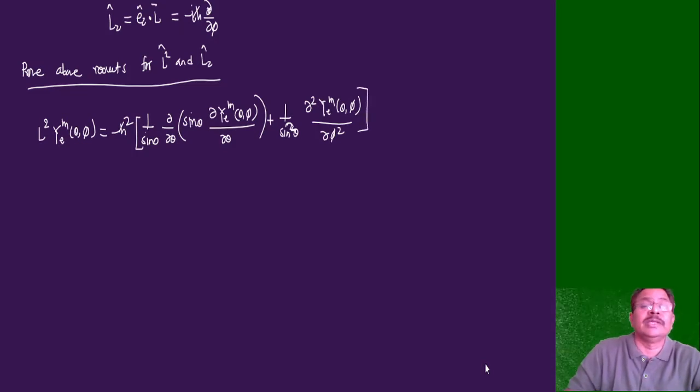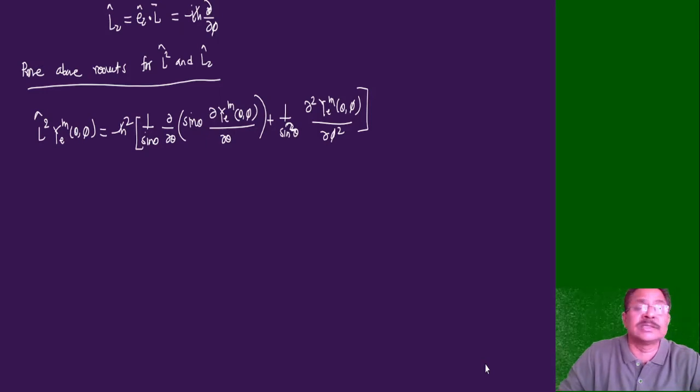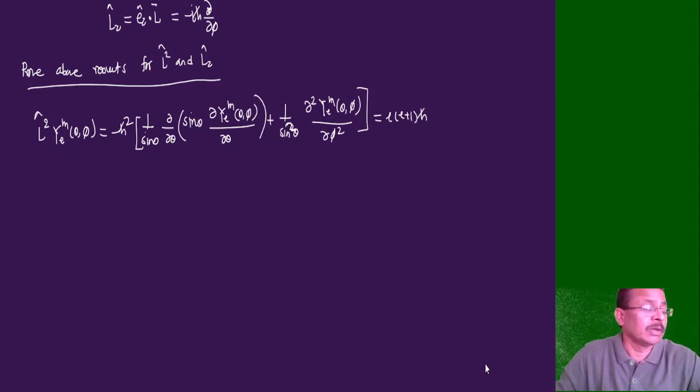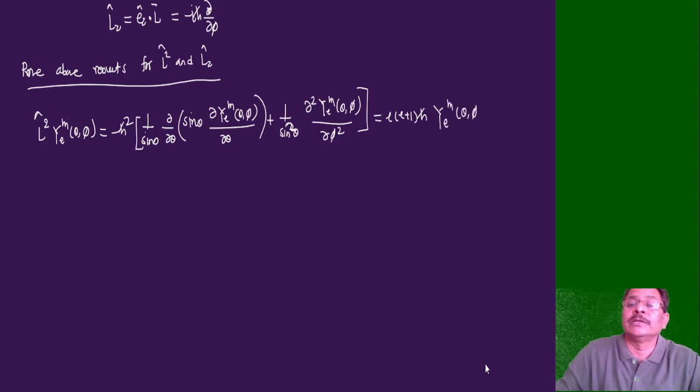When this L square operator is operated on the spherical harmonics Y_lm of theta, phi, theoretically we get l into l plus 1 into h cross square, multiplied by Y_lm of theta, phi again. So this is the operator operated on the wave function, and this is called the eigenvalue.